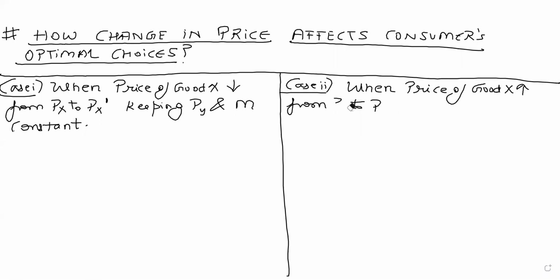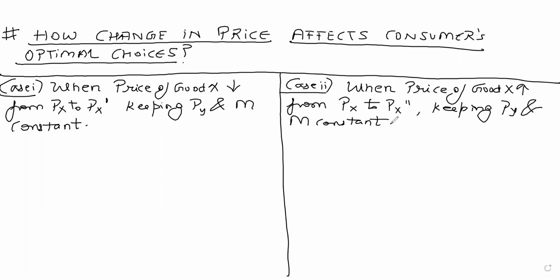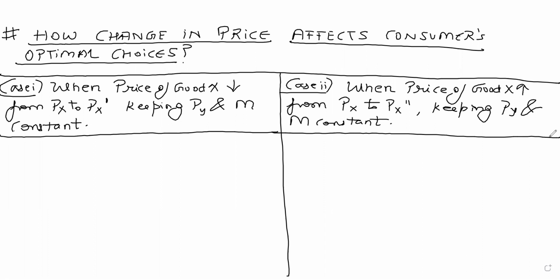Okay, when price of good X increases from Px to Px double dash, keeping Py and income constant. So let's examine both these cases using a diagram, and let's look at the impact on the optimal choice.